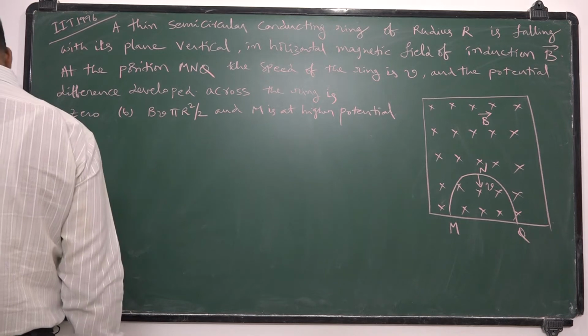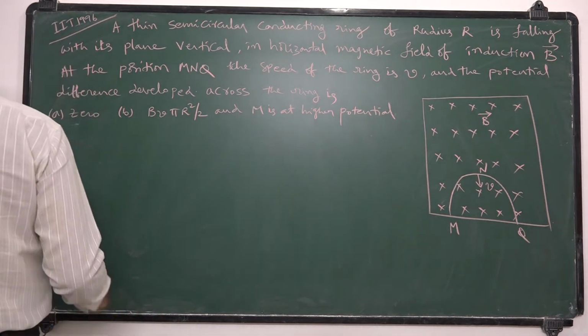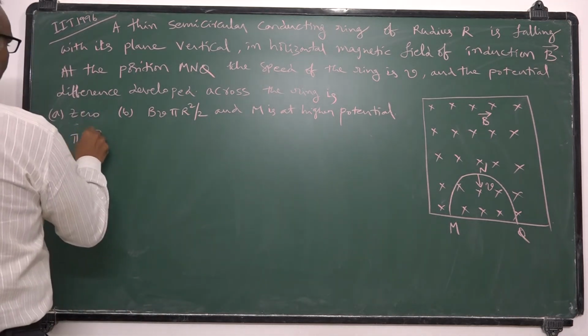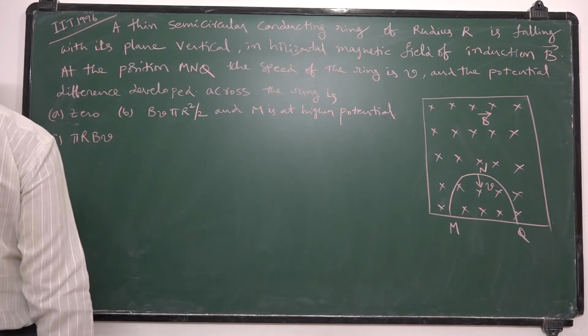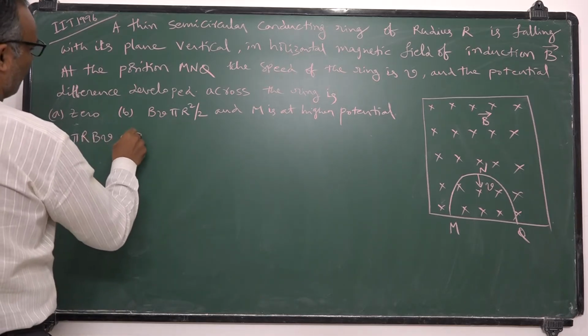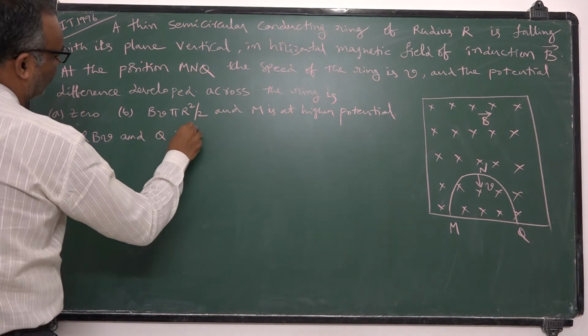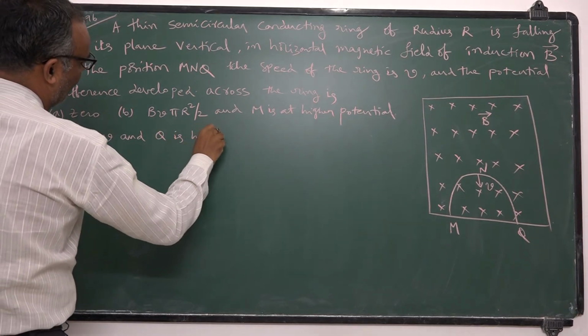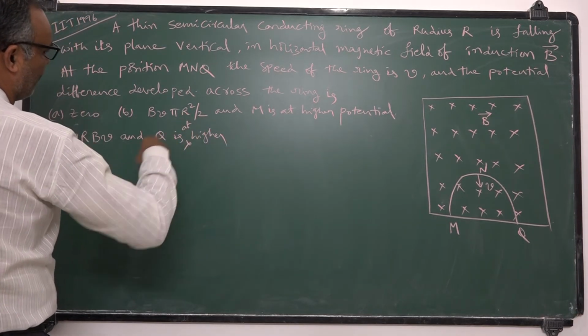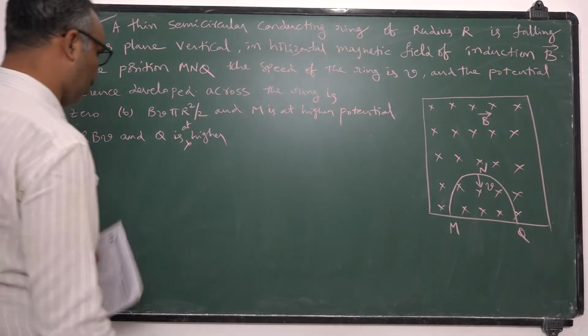Option C, pi r BV, and Q is at higher potential.